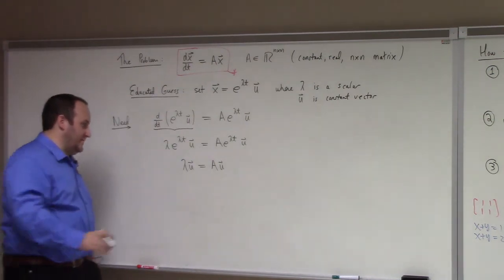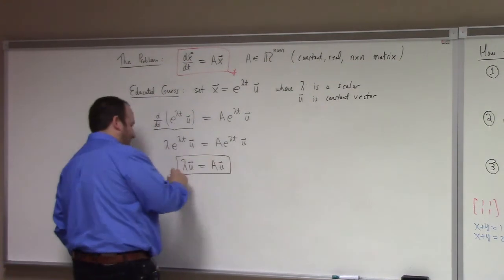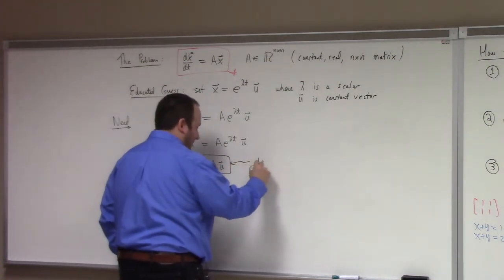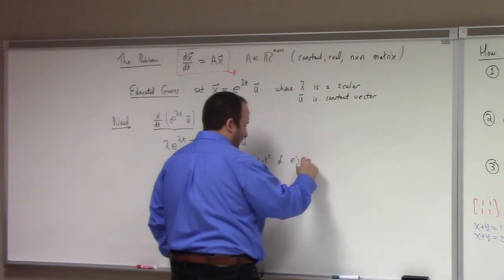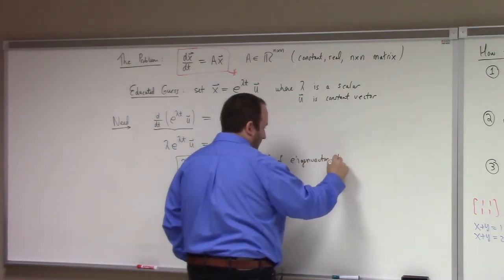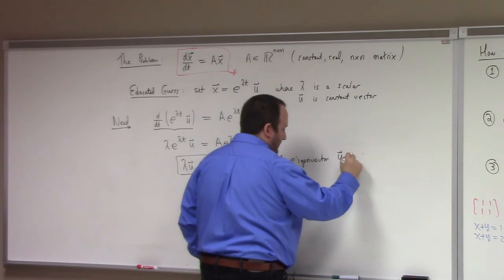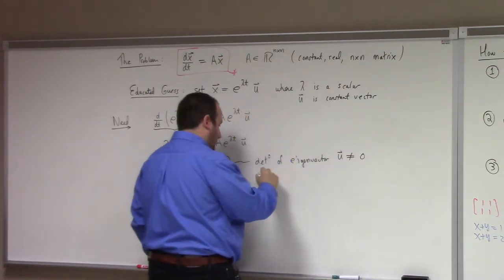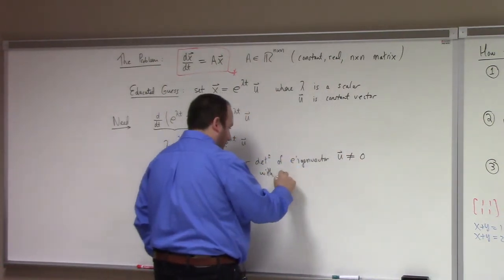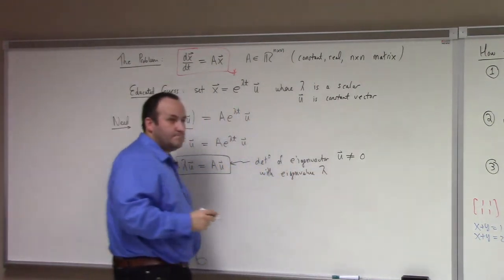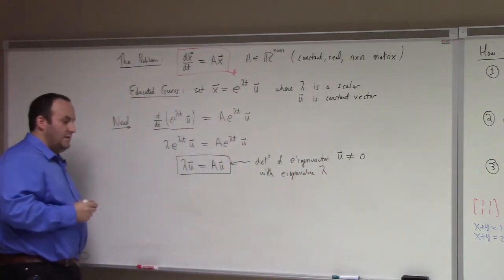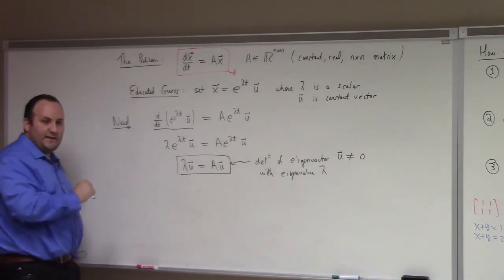So this right here is the definition of eigenvector u. Now we have to assume that u is not equal to 0, with eigenvalue λ. Now, I don't actually like this form of it.